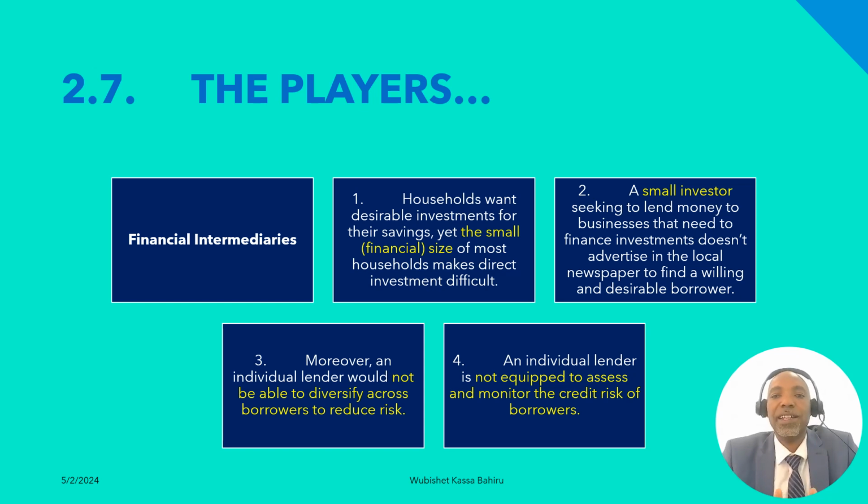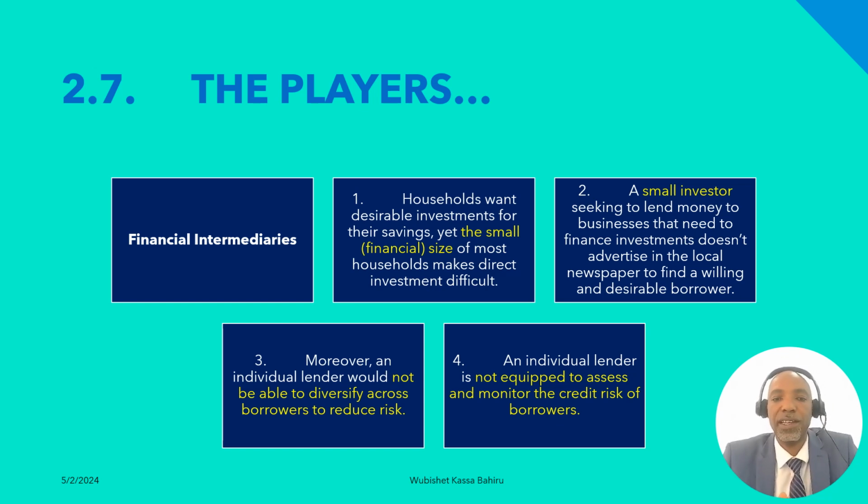Two, on the other hand, there are small businesses seeking to borrow money to finance investment, and they do not advertise in the local newspaper to find willing and desirable lenders. There are also other parties who need the money, but it is difficult for them to advertise their need for capital and get that capital.